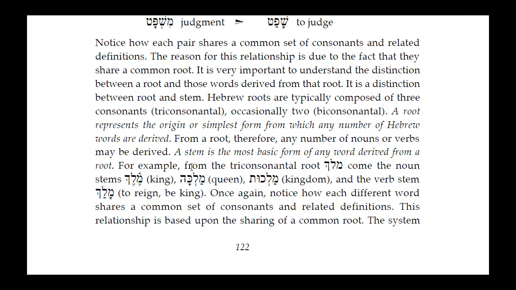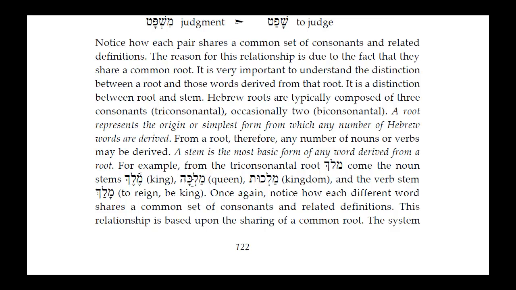For example, from the triconsonantal root, the 3-consonant root, the Mem, the Lamed, and the Kaf Sofit, comes the noun stem Melech. So Melech is a noun stem which stems from the root Mem, Lamed, Kaf Sofit.